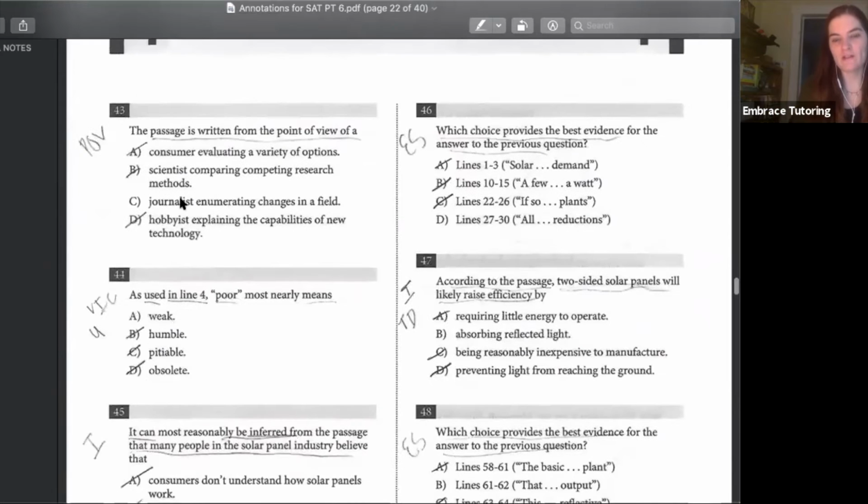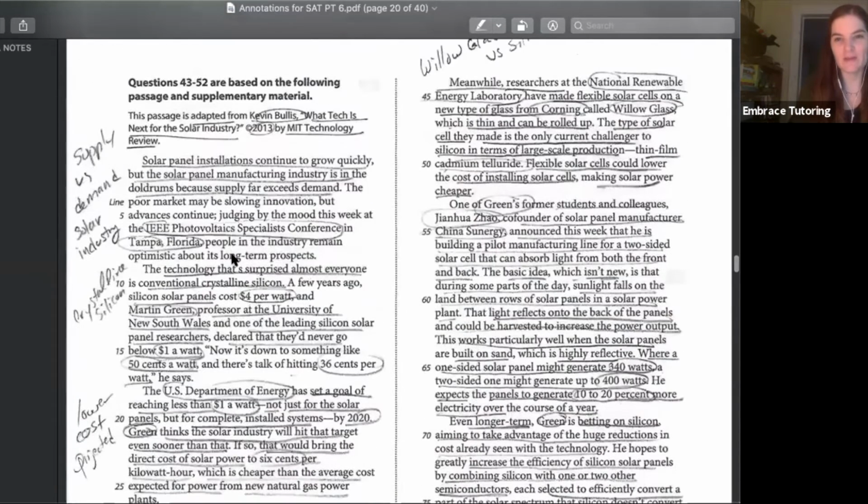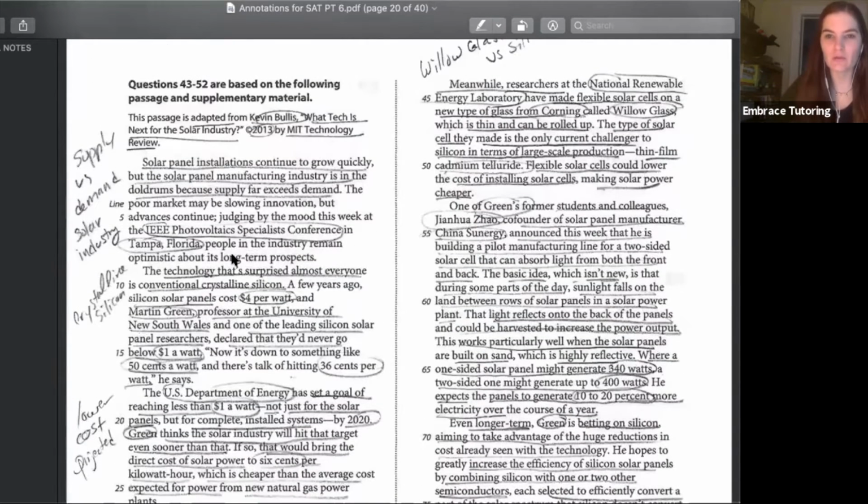The questions in that case are going to guide your breaking down and understanding of the passage. You don't want to get lost in a passage, which I know, especially early on, a lot of students were, because of the technical language, or because they thought they needed to be an expert on the topic.